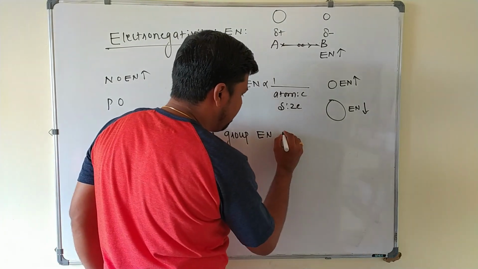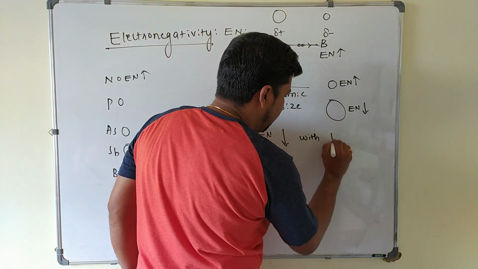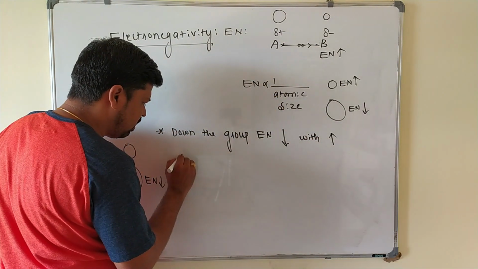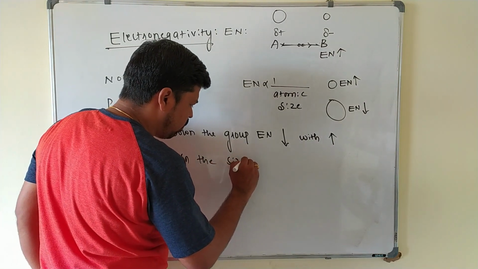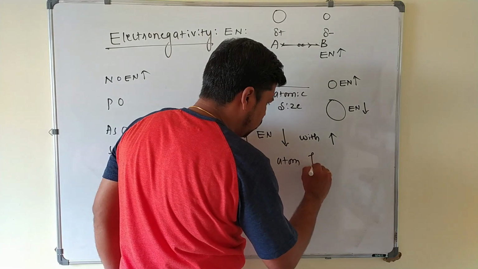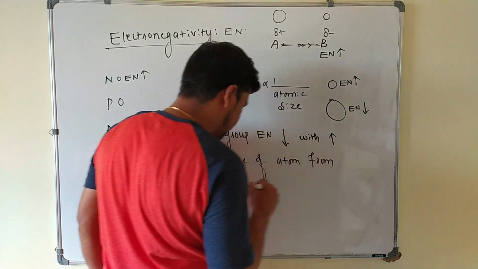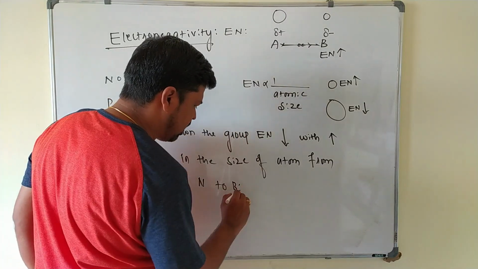So from this point of view, we will write one sentence: down the group, electronegativity decreases with increase in the size of atom from nitrogen to bismuth.